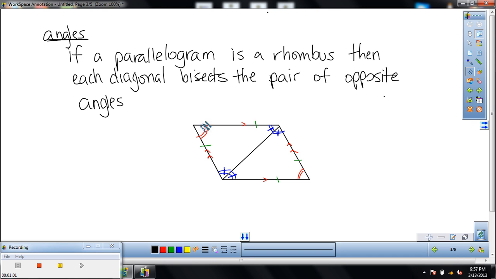So again, with our diagonal being drawn in, our diagonal is now bisecting that congruent pair of opposite angles. And so now we have this angle being congruent to this angle, and this angle being congruent to this angle. So now we get pairs of opposite congruent angles that are also being bisected by the diagonal, and that is a special property for just a rhombus.